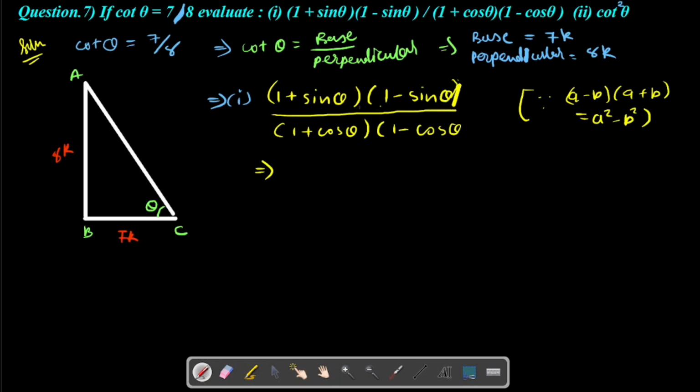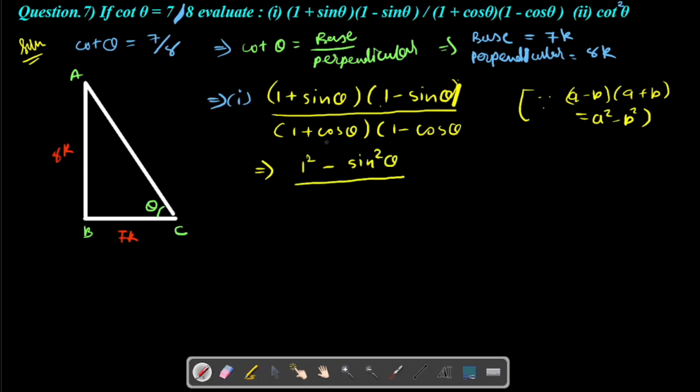Similarly here, let 1 be a and sin theta be b, so here we have a plus b and a minus b, so it becomes a square minus b square. Similarly here, we can write it as 1 square minus sine square theta.